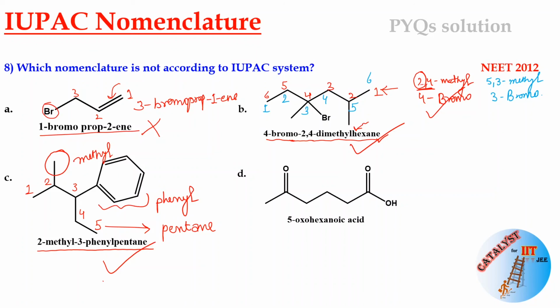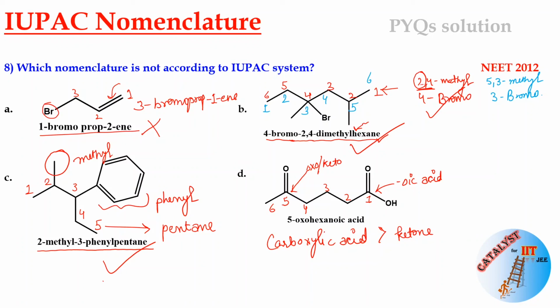Now according to the priority rule, carboxylic acid should get higher priority than your ketone. So you will start numbering from here, 1, 2, 3, 4, 5, 6, and from the table which I have shown you earlier, ketone should be written as either oxo or keto as a prefix, and for this you have to add the suffix oic acid.